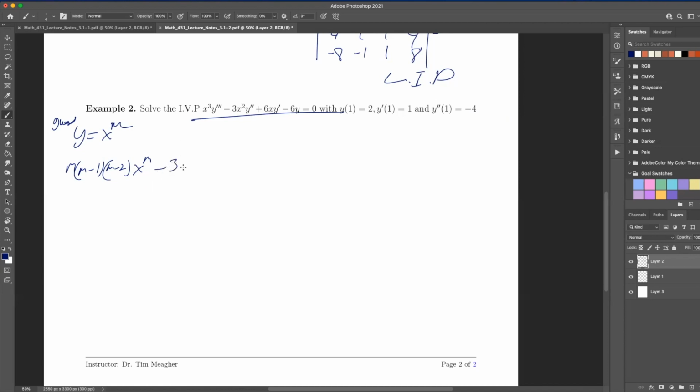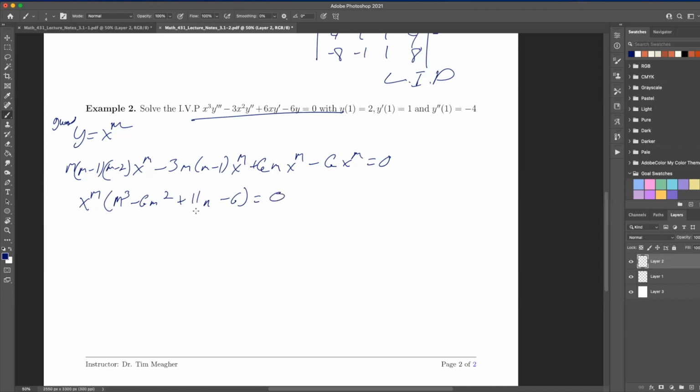It'll be m times m minus 1 times m minus 2, plus 6 times m times m minus 1, plus 6m, minus 6, all times x to the m equals 0. We factor all this out. I'm going to get x to the m. There's a lot of math here. I'm just going to skip it for brevity's sake. We get m cubed minus 6m squared plus 11m minus 6 equals 0.